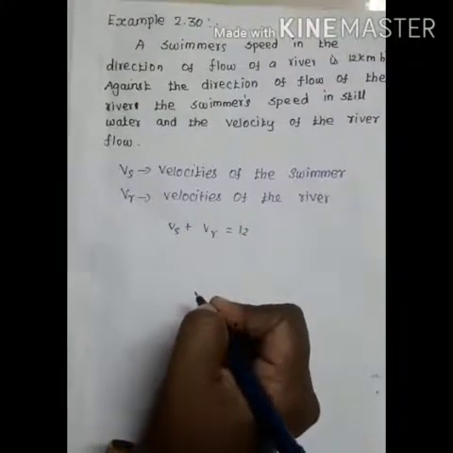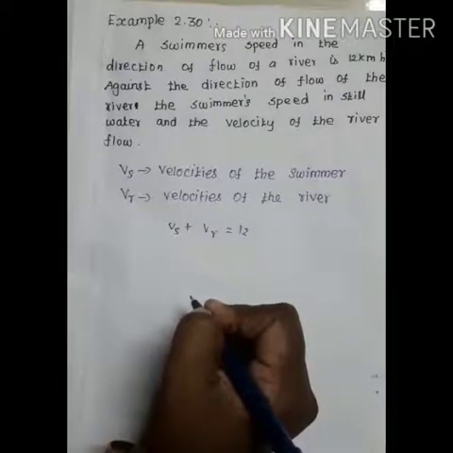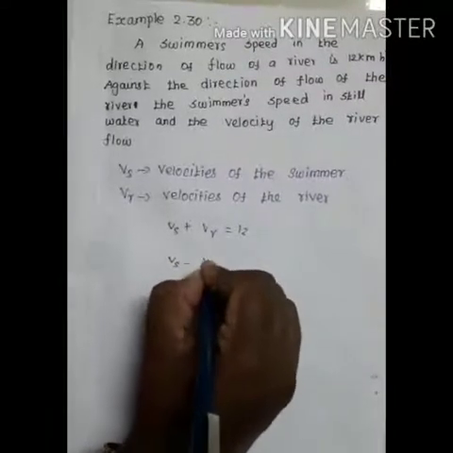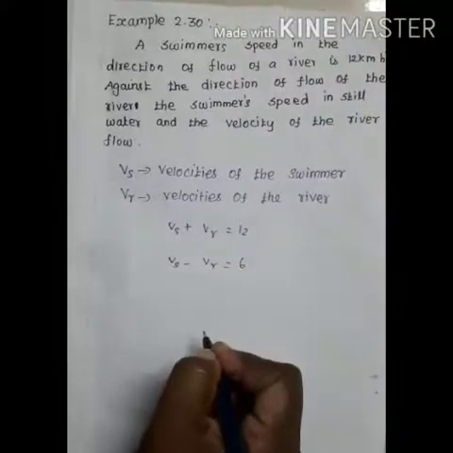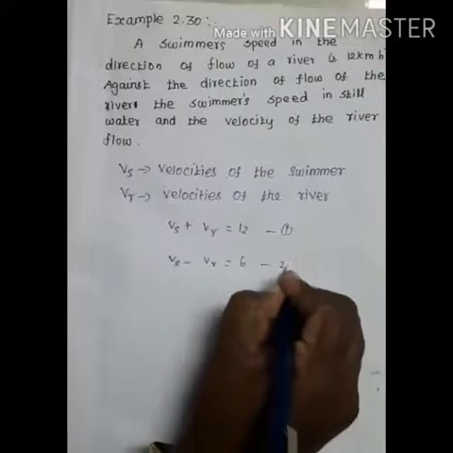Against the flow, the swimmer's speed is 6 km/h. Therefore, V of S minus V of R is equal to 6 km/h. This is equation number 1, and this is equation number 2.